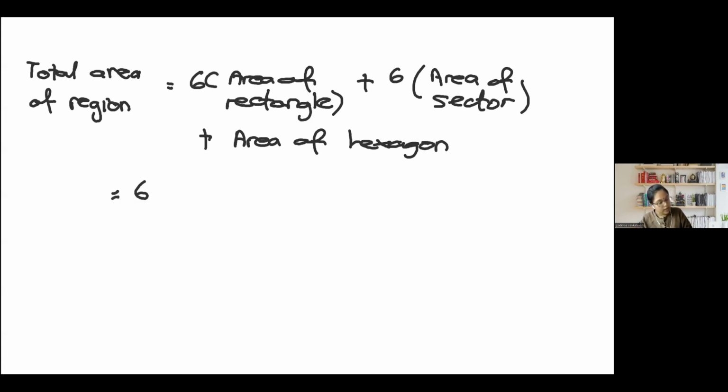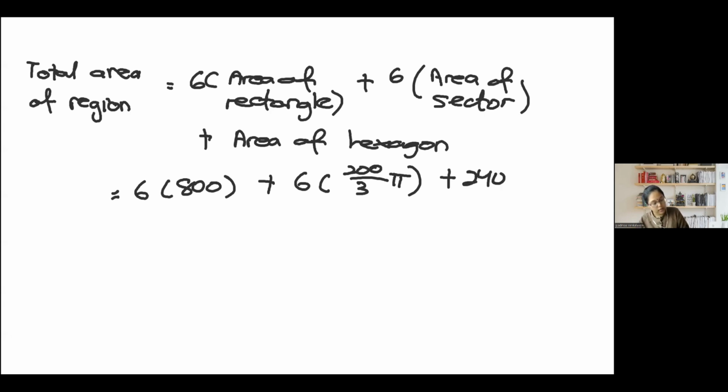Earlier, we found the area of a rectangle is 800, plus the area of a sector, which is 200 over 3 pi, and the area of the hexagon is 2400 root 3.